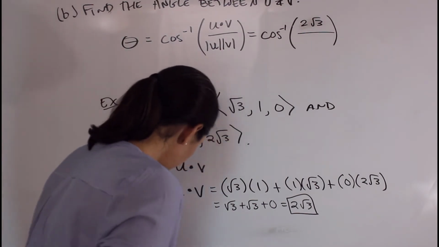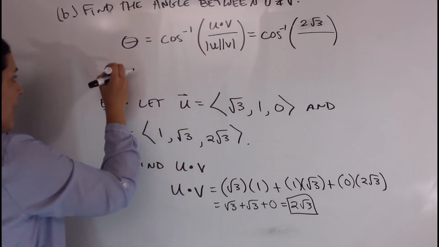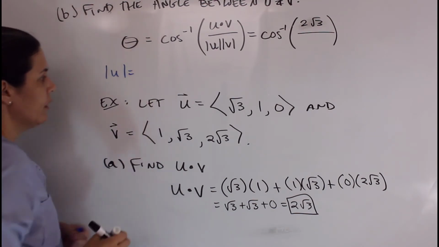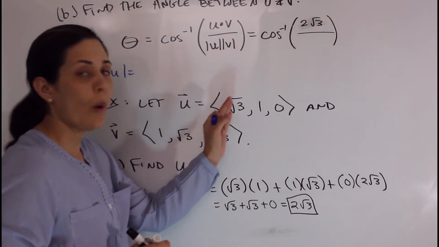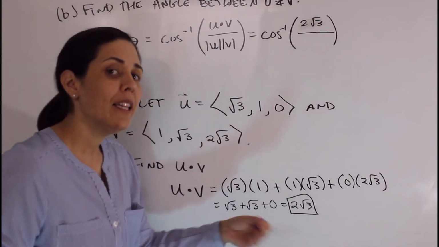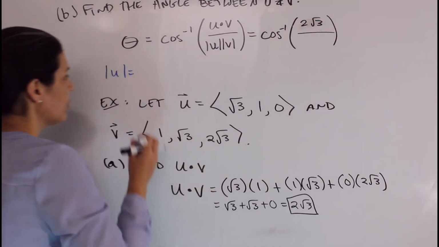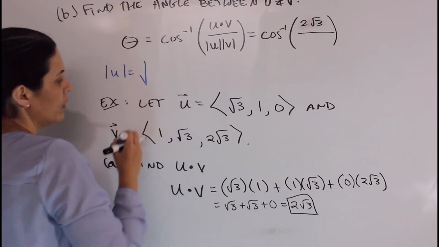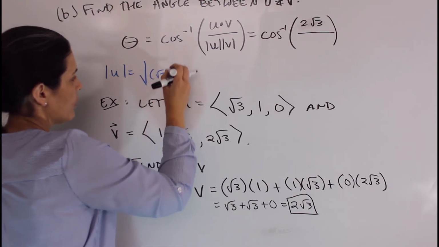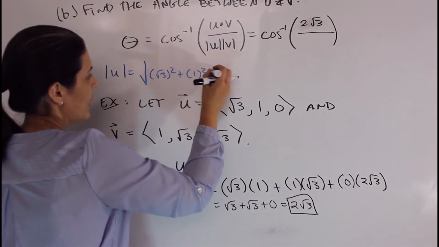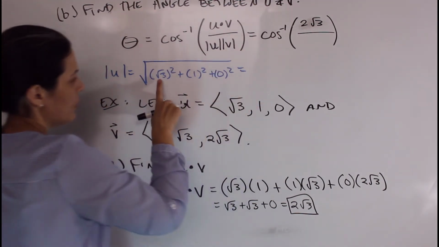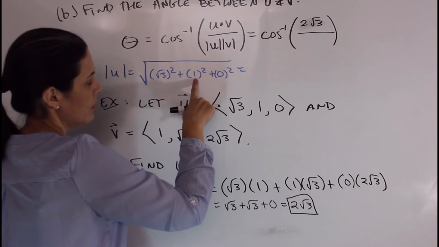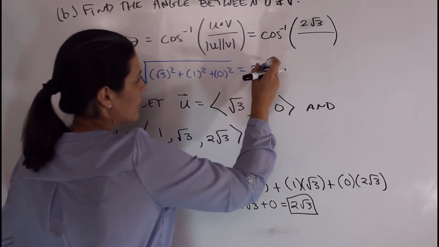So this is like my side work. So the magnitude of u, remember your magnitude formula, you just take the components, square them, add them, and then take the square root. So this is square root of 3 squared plus 1 squared plus 0 squared, which is going to be 3 plus 1, so square root of 4, which is 2.